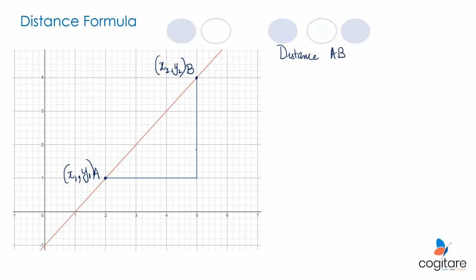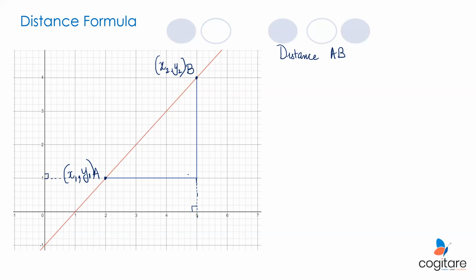So what we've done out here is we've drawn a line passing through B that is perpendicular to the x-axis, okay? And then we draw a line passing through A that is perpendicular to the y-axis, okay?